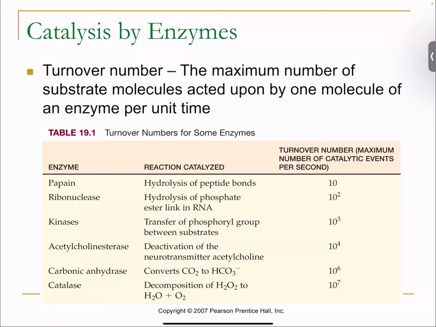If you alter the stereochemistry, you can alter whether the enzyme will actually work. Enzymes have turnover rates. How fast can they turn over the substrates? Catalase, thankfully, is the fastest of all the enzymes. But a turnover rate is how fast the substrate comes in, undergoes reaction, and exits.